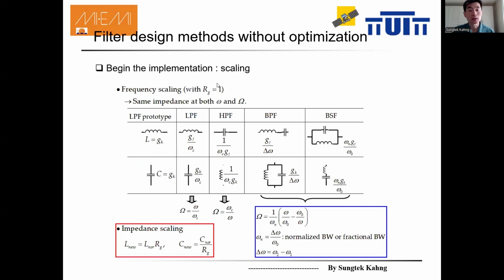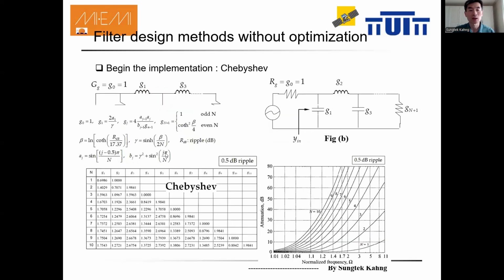And scaling, that is a frequency transformation. When you start with the low-pass filter prototype, you will choose to make it a low-pass filter, high-pass filter, band-pass filter, or band-stop filter. These are the elements coming from G, or LC as G, K coming from these tables.